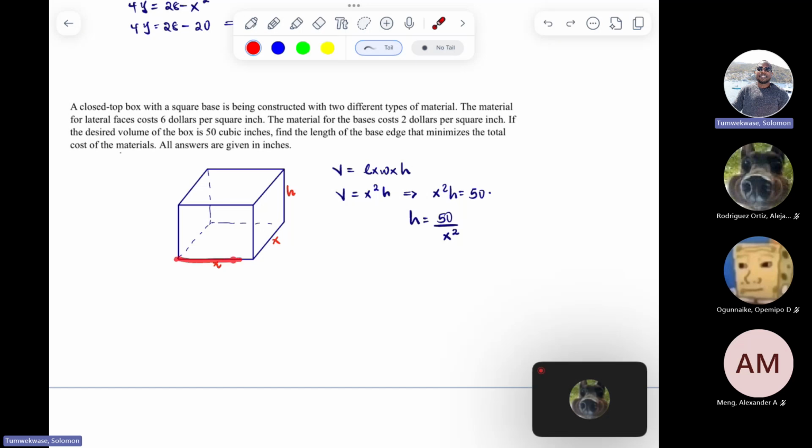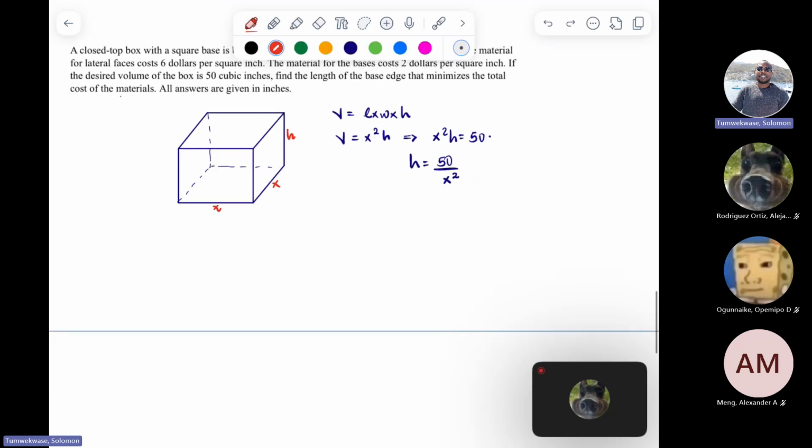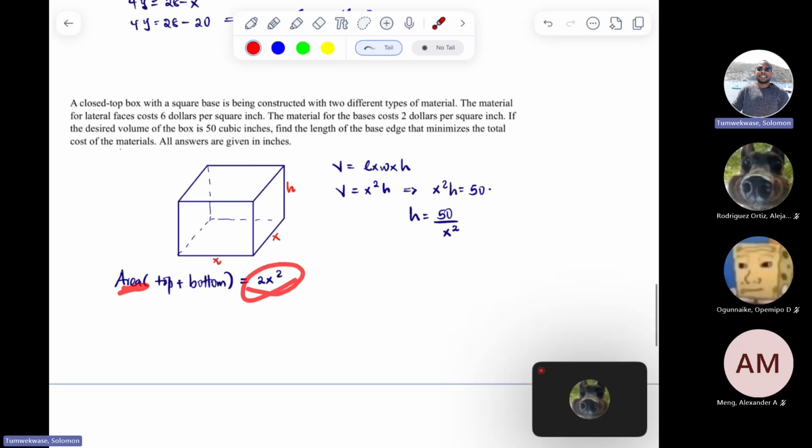So the area of the base is x squared, and the area of the top is also x squared, and therefore the total area of the top plus the bottom is x squared plus x squared, which is the same as 2x squared. And 2x squared is an area, so this is in square inches, right?